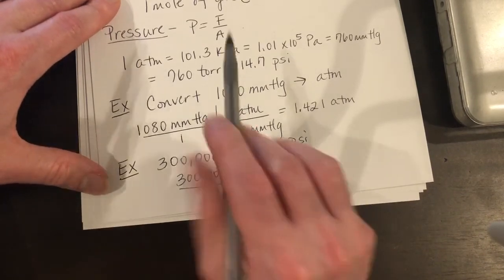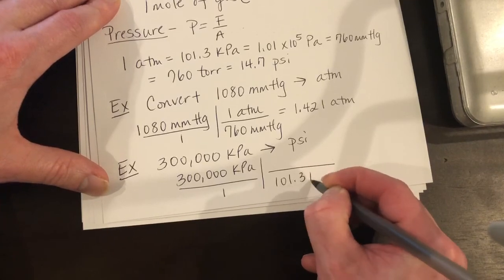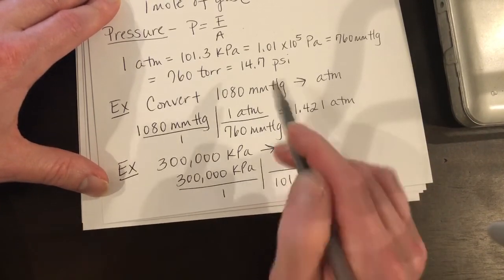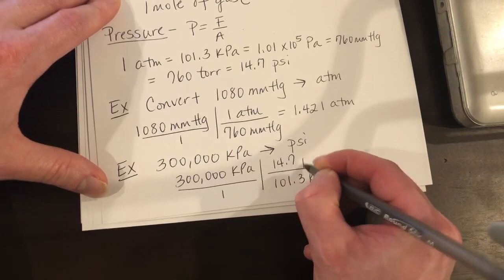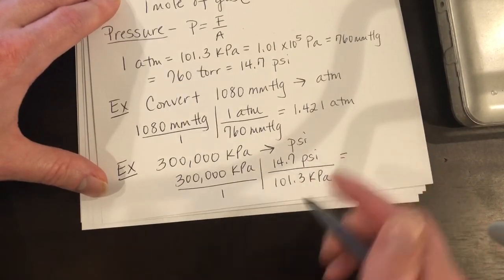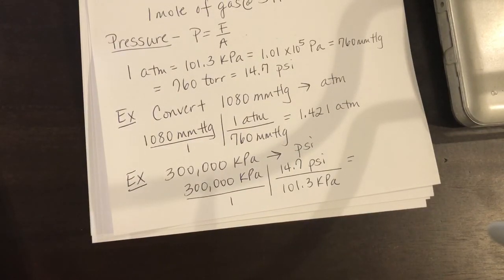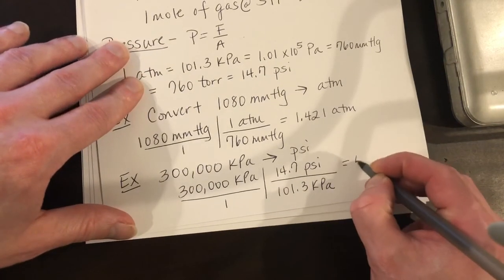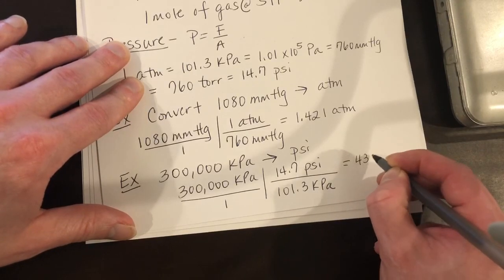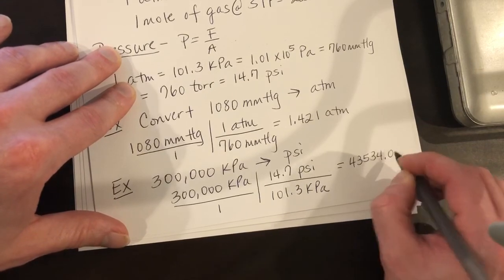Now we're going to say that there's 101.3 kPa to 14.7 psi. We're going to multiply the numbers across the top and divide by the bottom. And we should get 43534.057 psi.